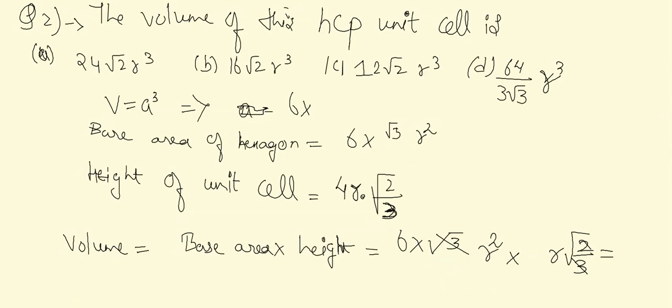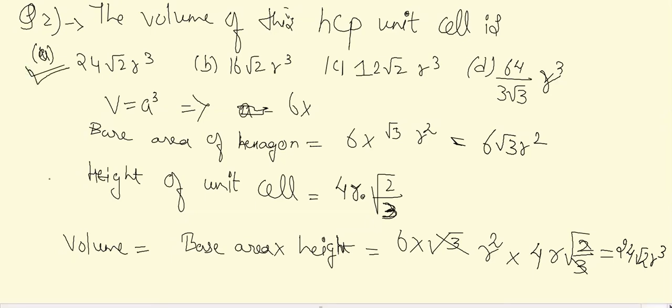So the value becomes 6 under root 3 r square into 4 r under root 2 by 3. This root 3 and this root 3 get cancelled out. 6 into 4 is 24 under root 2 r cube. So option A will be the correct answer.